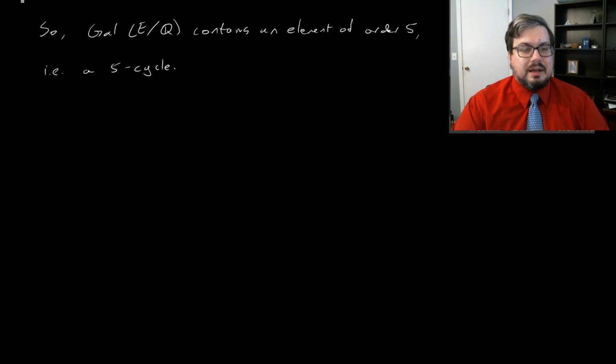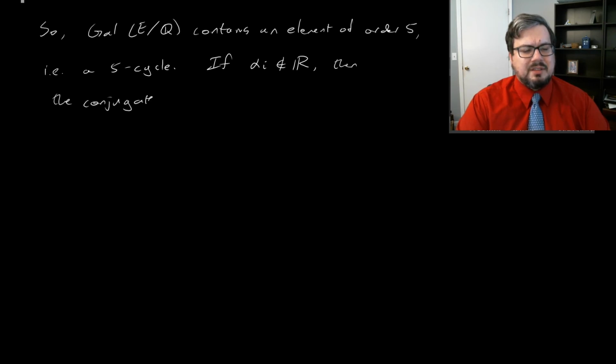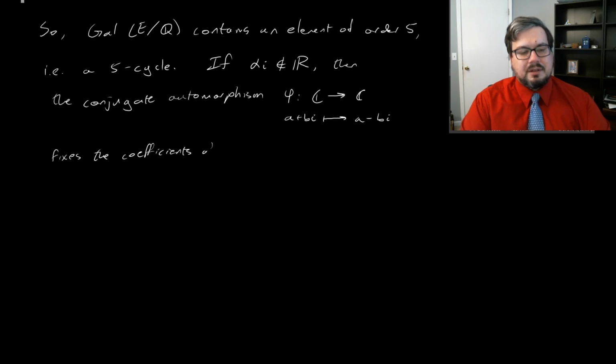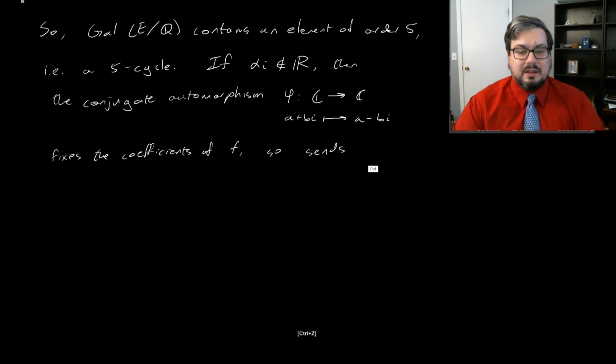We can go further. If one of these alpha_i is not real, then the conjugate automorphism phi from C to C, which takes a plus bi and sends it to a minus bi, fixes the coefficients of f, and so sends alpha_i to another alpha_j, I should say.